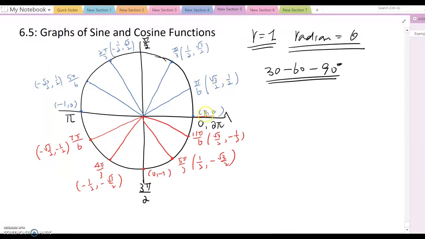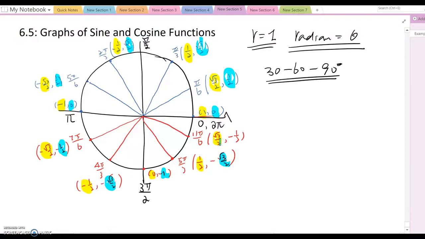Okay, the key point is the yellow markers here are all cosine values, and the blue ones are all sine values here.